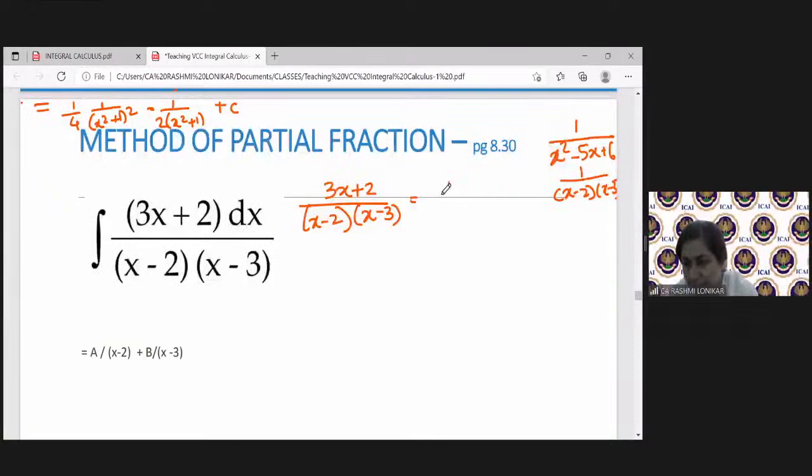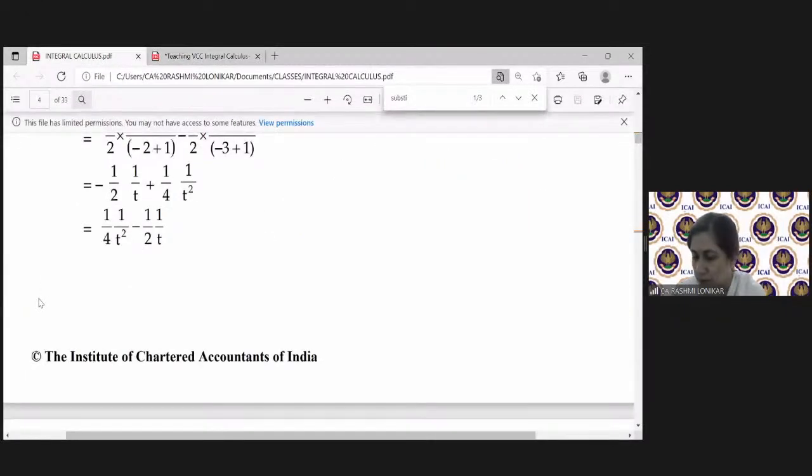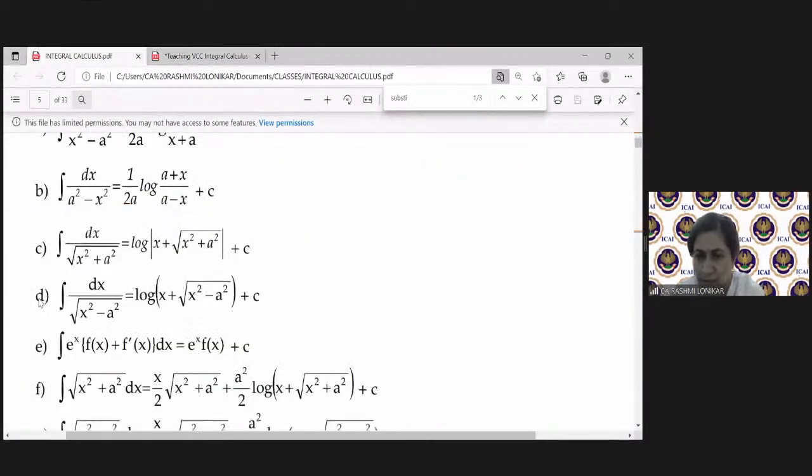This should be written as A upon (x - 2) plus B upon (x - 3). So I write this as A upon (x - 2) and B upon (x - 3).